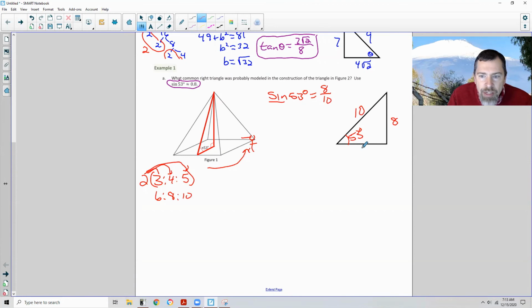Well, I have 8, I have 10 here, so this must be 6. I could do the Pythagorean theorem and check that, but I'm not going to. 6 squared is 36, 8 squared is 64, 36 plus 64 is 100, and 10 squared is 100. So the answer to this problem is 6, 8, 10, special right triangle. So that is what the question was asking.